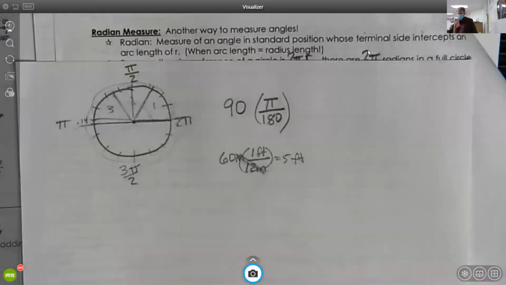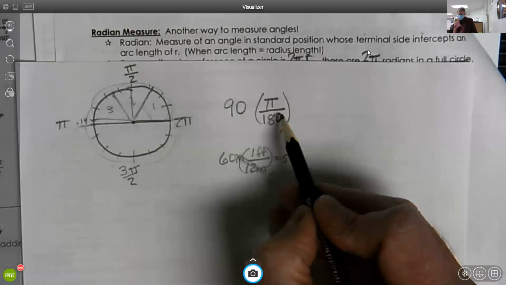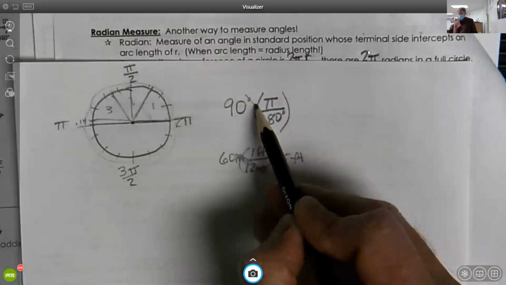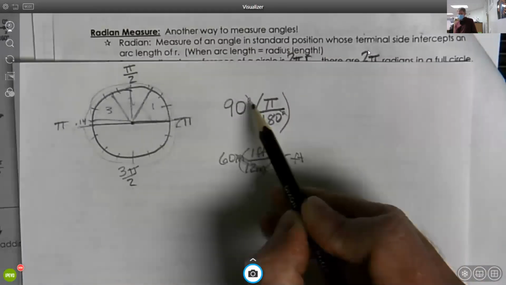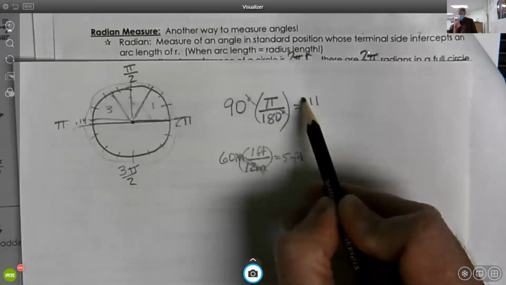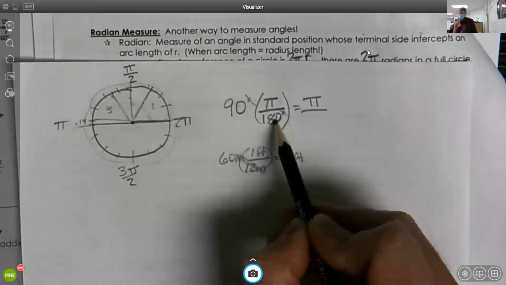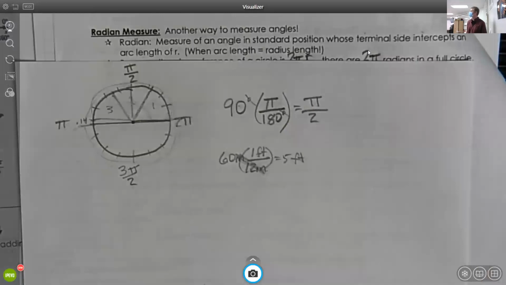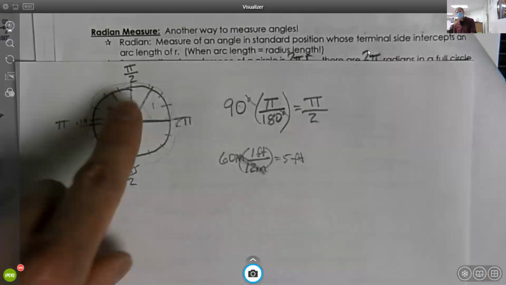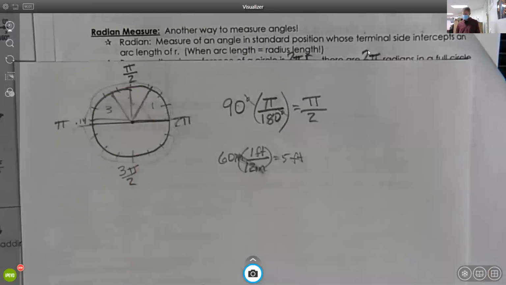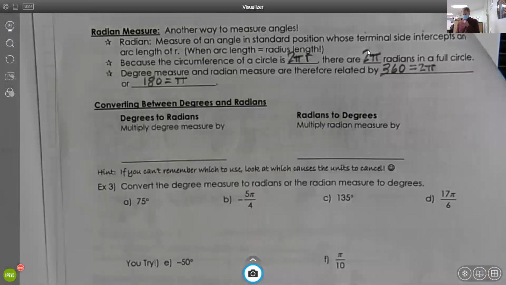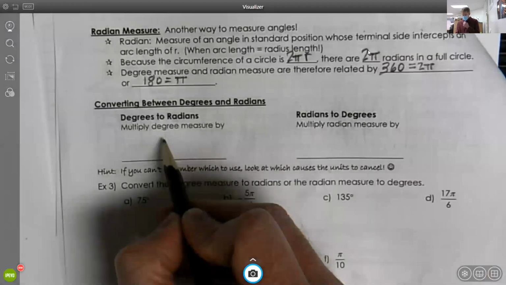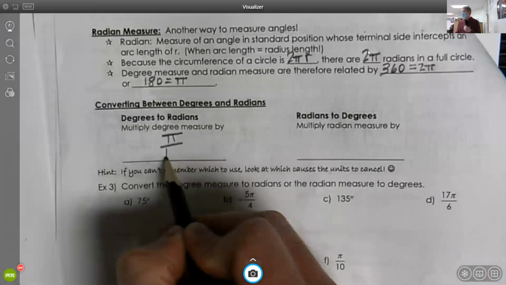You want the 180 on bottom because you want the degrees to be able to cross off, and you're left with pi reduce. So you get pi over 2. And that's what we've already talked about 90 degrees was. So when you convert a degree into radian, you're going to be using pi over 180.